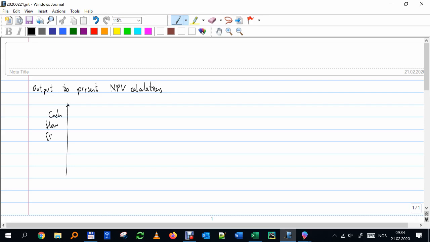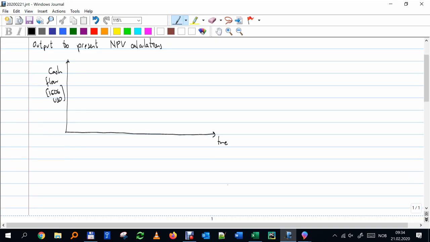In this case it's good to use $1 million, because these numbers are big, versus time. And you see initially I'm just spending, a big expenditure, and then finally I start to get positive cash flow. Or you can also plot the cumulative NPV.